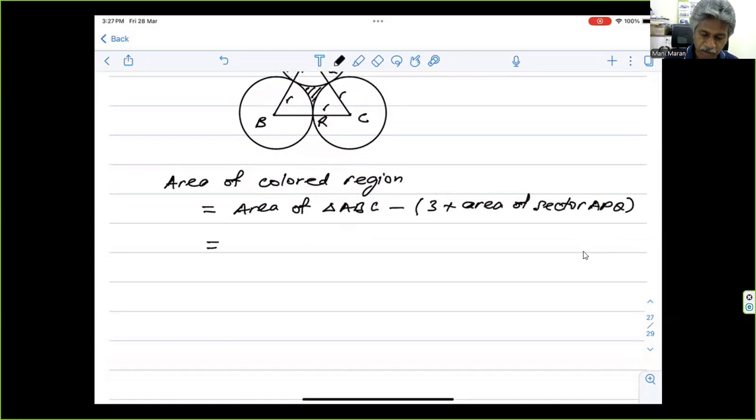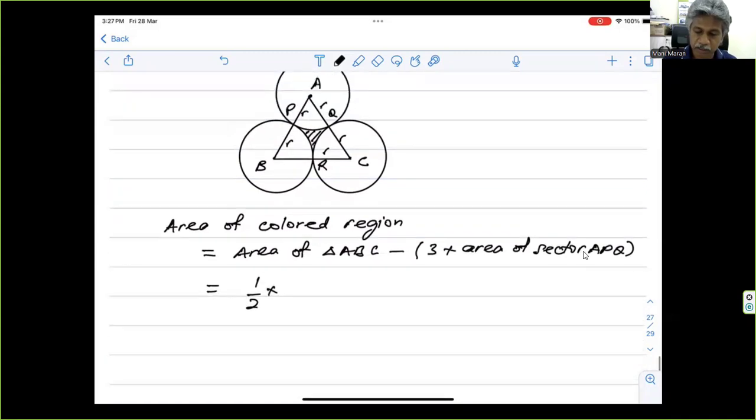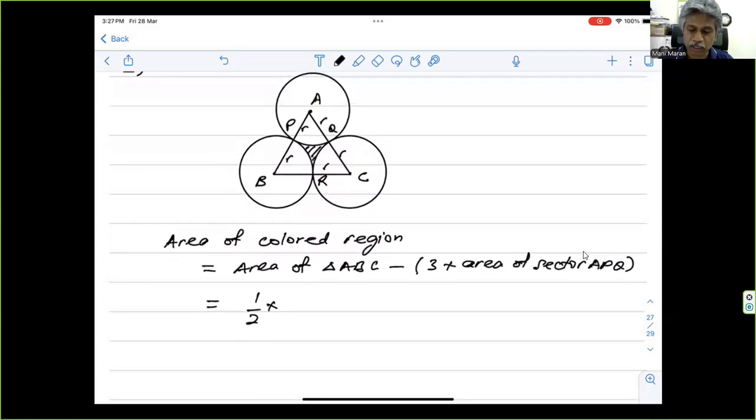So we have half times AB sine C. To visualize this more clearly, I will draw another smaller triangle outside here, so you can see more clearly. This is actually an equilateral triangle because all the three sides are the same.